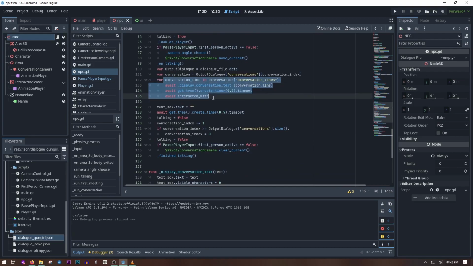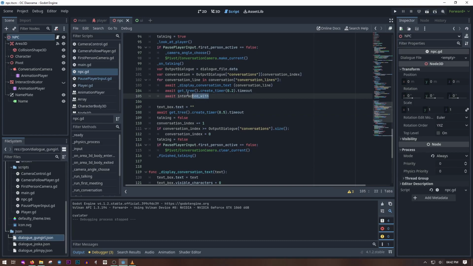That loop is interacted with. So text box text is nothing. Await get tree create timer 0.5 timeout. So after we've shown all of the lines of dialogue, we create a timer 0.5. Then it's interacted with again.